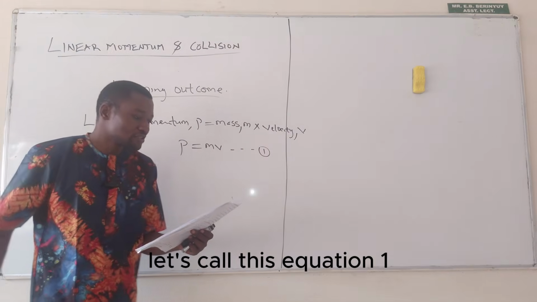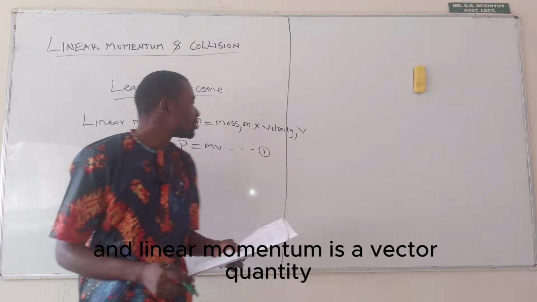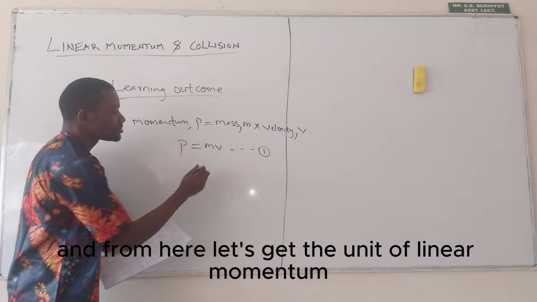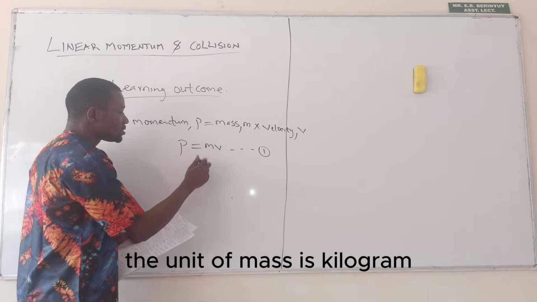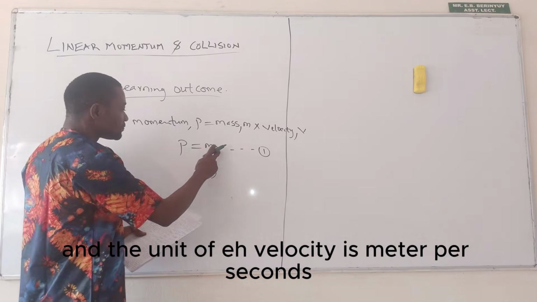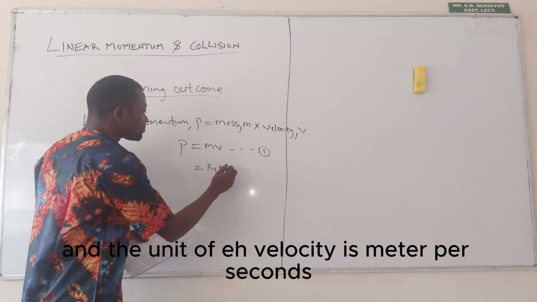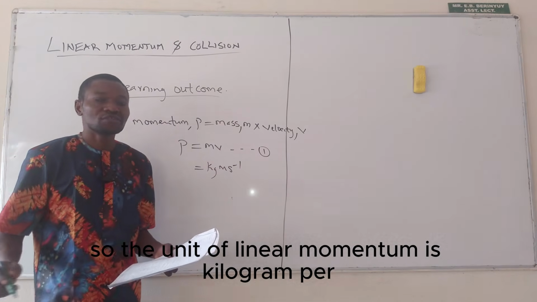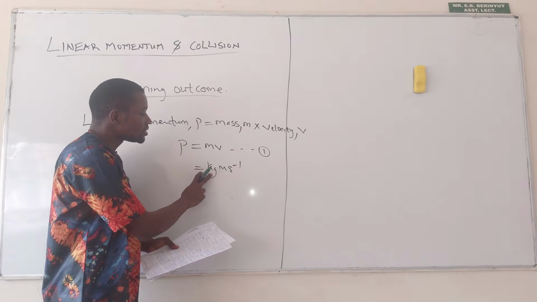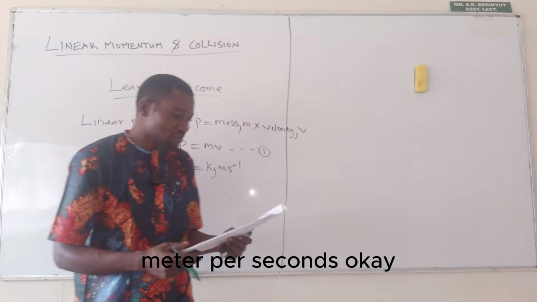Let's call this equation 1. Linear momentum is a vector quantity. And from here, let's get the unit of linear momentum. The unit of mass is kilogram, and the unit of velocity is meter per second. So the unit of linear momentum is kilogram meter per second.